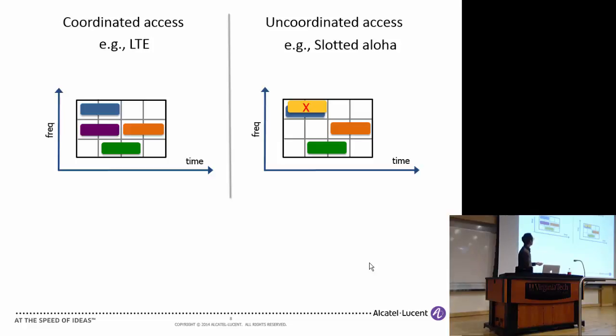So in this case, the yellow user collided with the blue user because they transmitted on the same time frequency resources. The throughput might not be as high as in the coordinated case because of these collisions. But on the other hand, you've saved in terms of overhead because you don't have this control information.